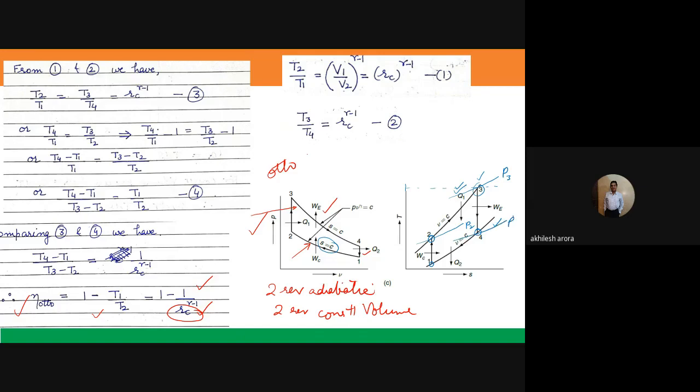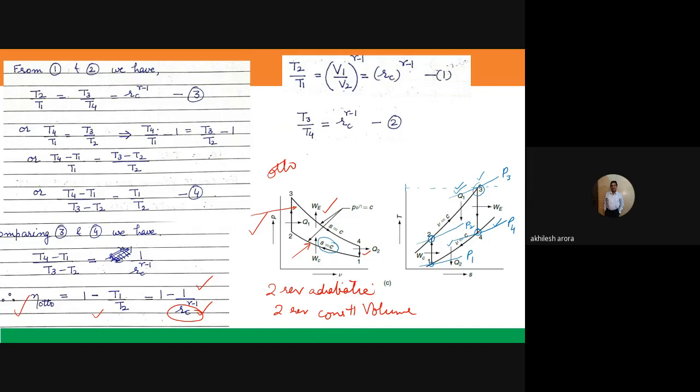This is the pressure P4, and then from process 4 to 1, there is heat rejection at constant volume. This is written here, V is equal to constant, and then once again we reach point number 1. Here the pressure is P1, and this is the constant pressure line for P1. So we have 4 different pressures which I have depicted in the TS diagram also.